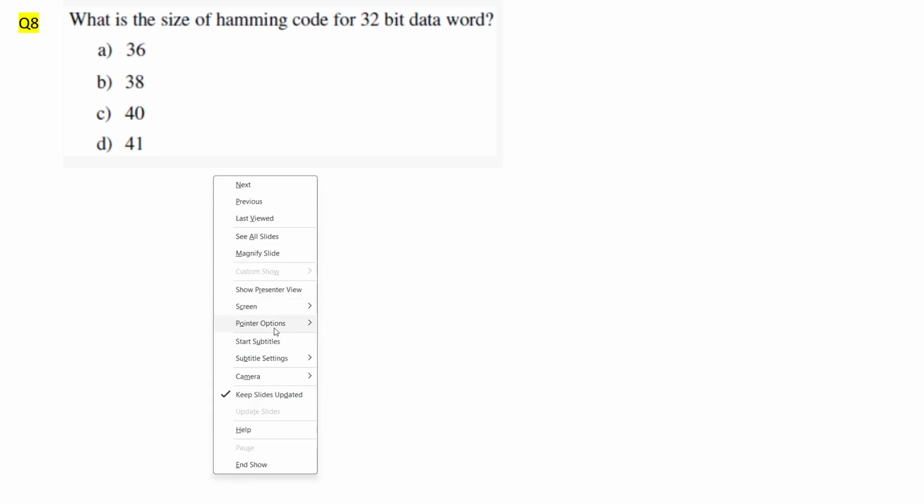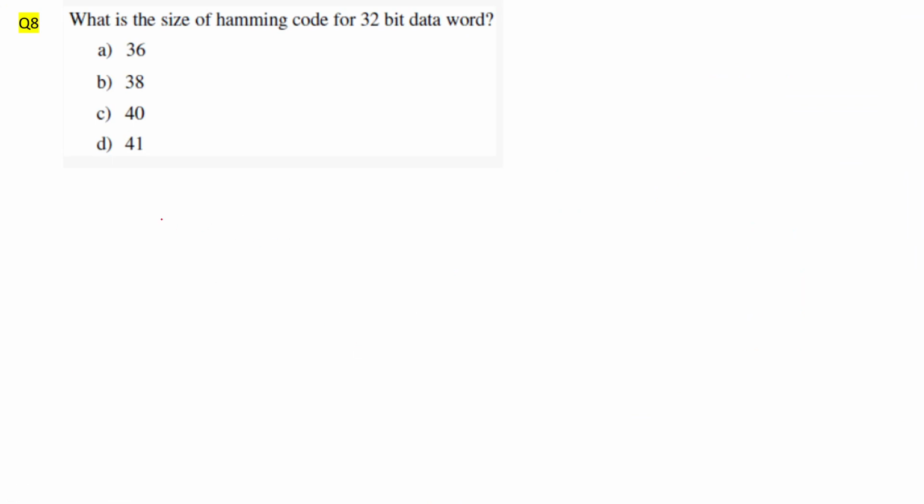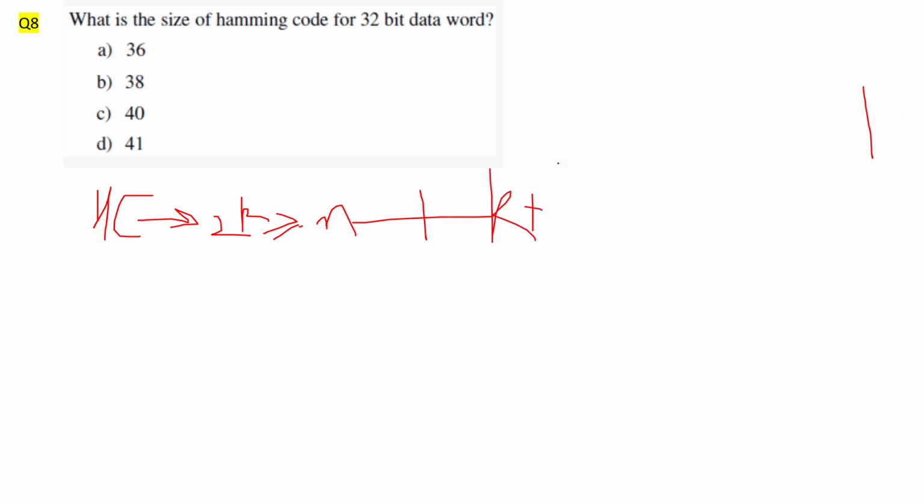So we again have this condition for a Hamming code: 2 raised to power k should be greater or equal to n plus k plus 1. Here n is equal to 32 and k we need to find out.